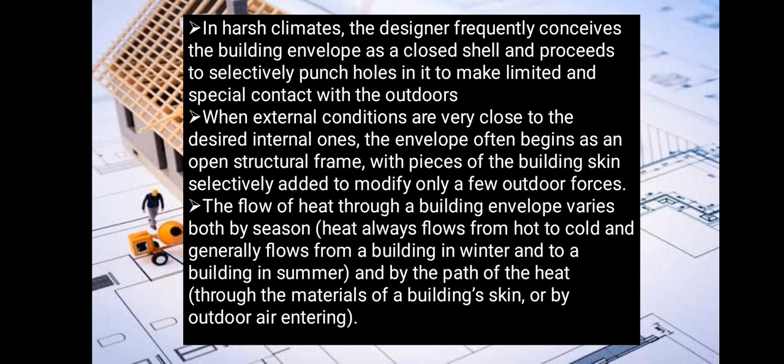So, the external influence by harsh and visual clutters. So, when external conditions are very close to the desired internal ones, the envelope often begins as an open structural frame with pieces of the building skin selectively added to modify only a few outdoor forces.